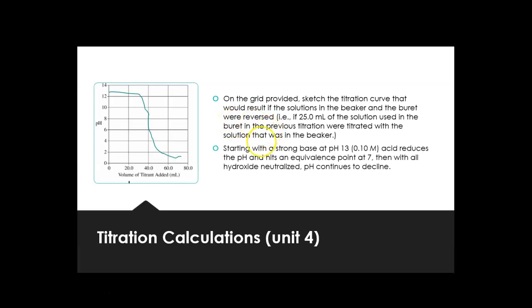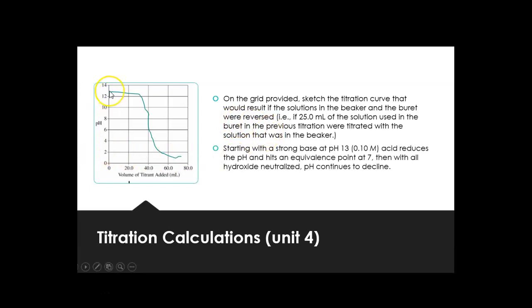Now on this grid, sketch the titration curve that would result if you turned it around. That is, you put the base in the beaker and added the acid from the titrating burette? Well, you're going to start on the other end of the pH scale.